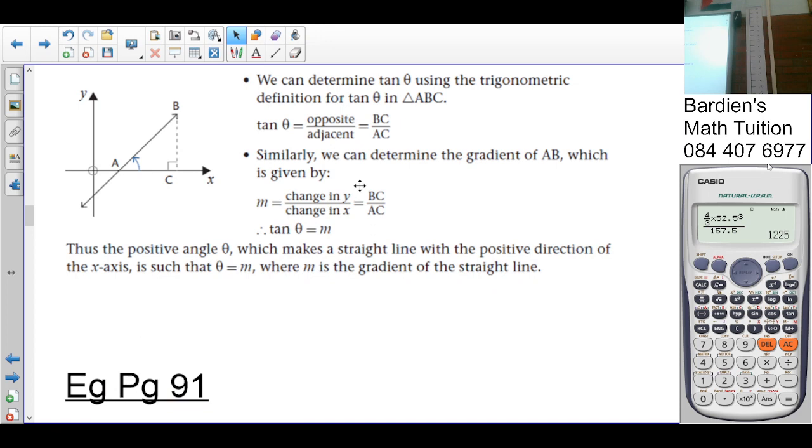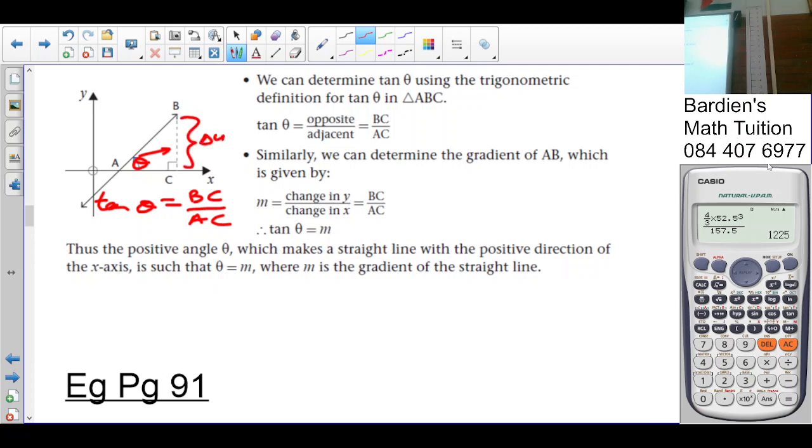We can determine tan of theta using the trigonometric definition for tan of theta in triangle ABC. The theta angle is lying here. Tan is opposite, which is BC, over adjacent, which is AC. But is this not also change in y over change in x?